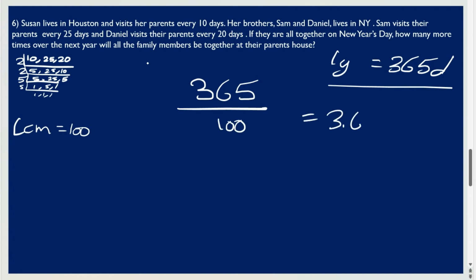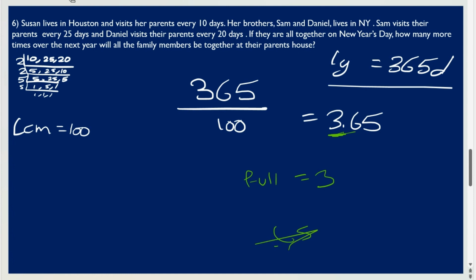That's going to be 3.65. Here we got decimals, right? But here 3 is a whole number. So we know they're making 3 full visits, right? And then the partial visit is going to be 0.65.